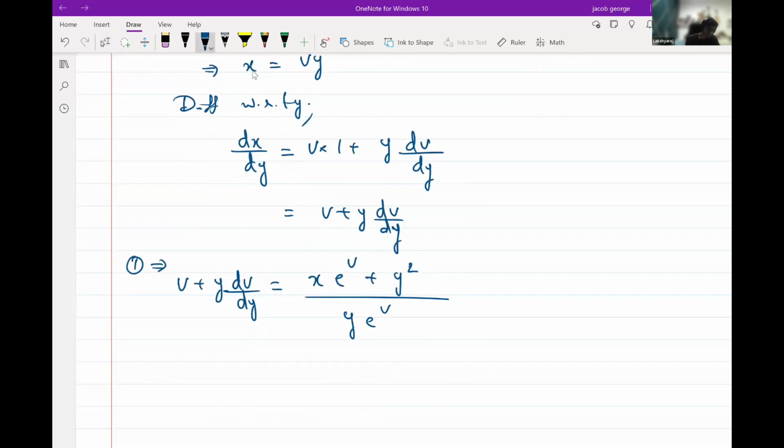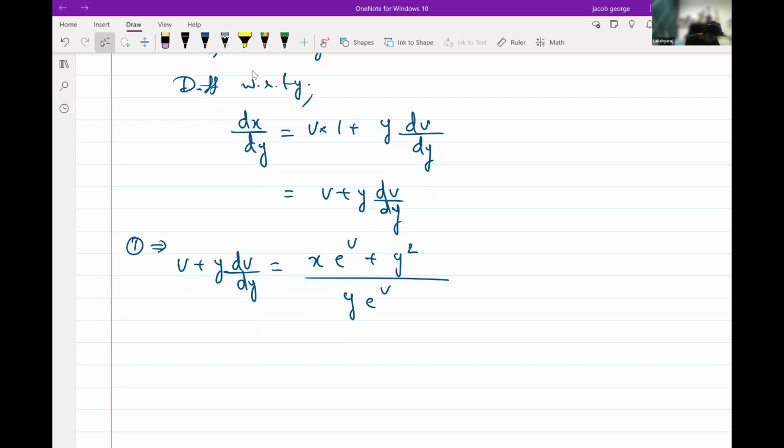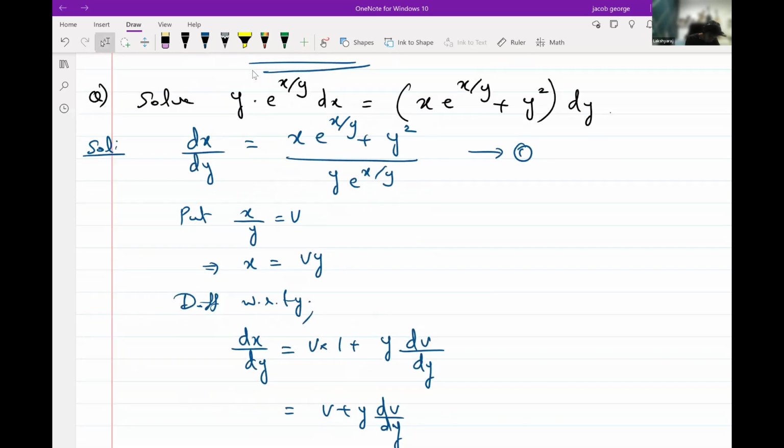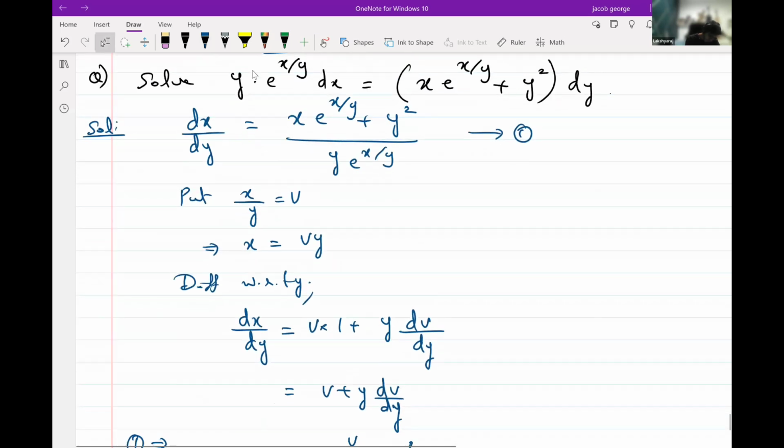Is that clear? In place of x by y, we substituted.